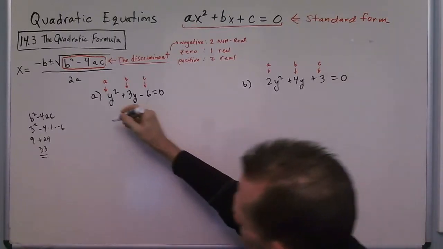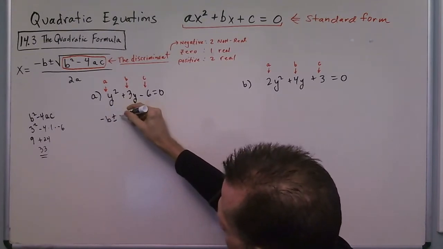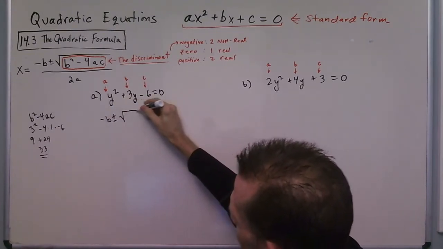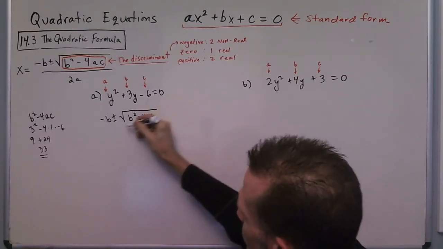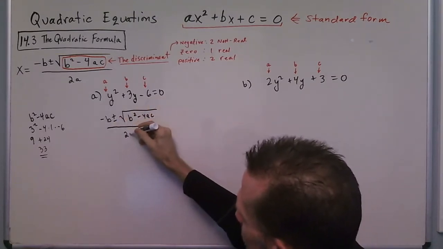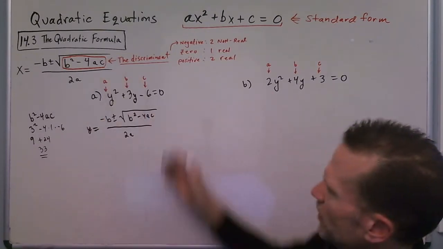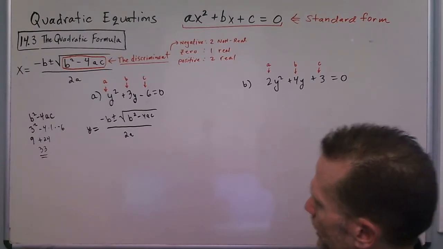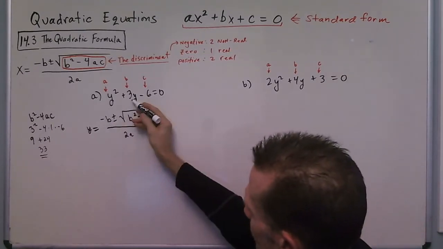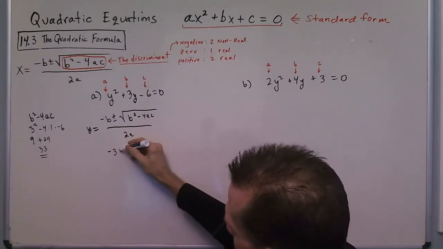So now to do the quadratic formula, and it's a good idea to just write it down each time: negative b plus or minus the square root of b squared minus 4ac over 2a. And remember that in this case it's y is equal to, because our variable is y. What I get here then is the opposite of b, so negative 3, plus or minus.